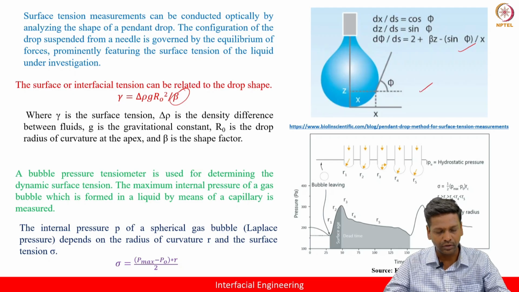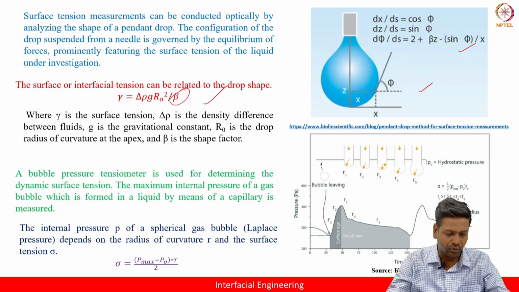Once the software calculates the beta, based on this pendant shape, based on these geometric factors, you can determine surface tension easily from this relation, right? In addition to it, we also have what is known as the bubble pressure tensiometer.